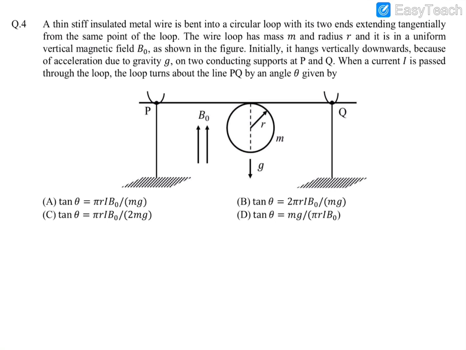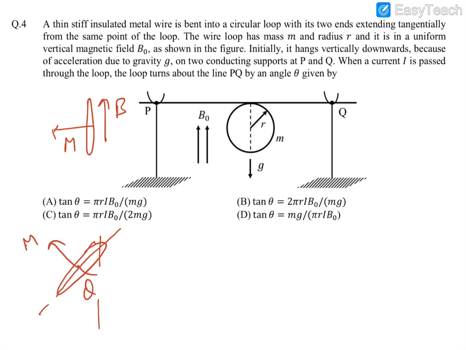So you can see that initially, if we draw the side diagram, M was like that and B was like that. So torque was maximum in this case, and when this loop turned by an angle of theta like that, let us suppose that this is theta, then the angle between M and B is 90 minus theta.